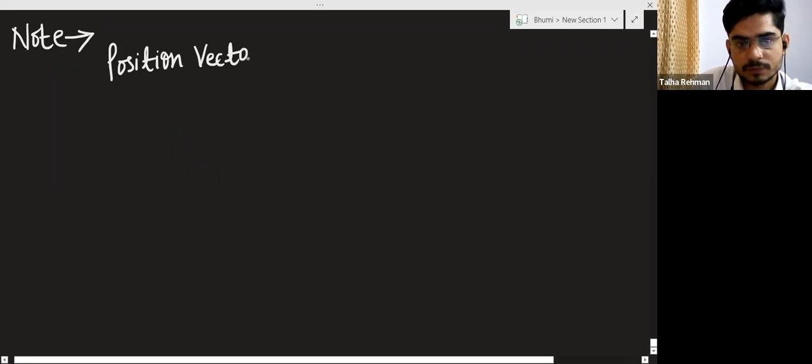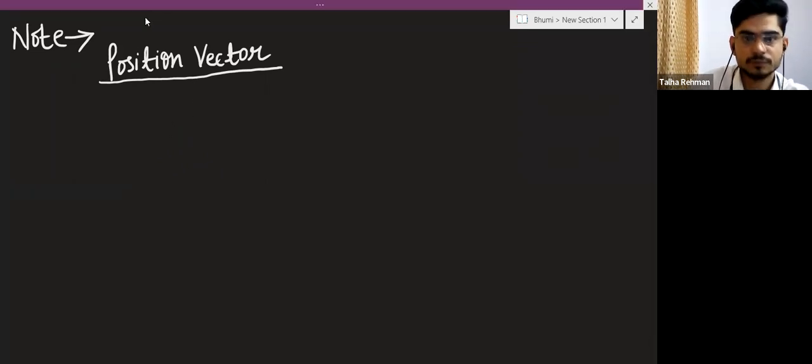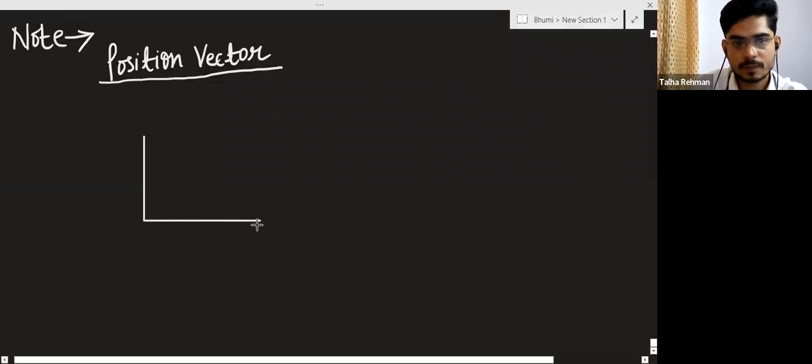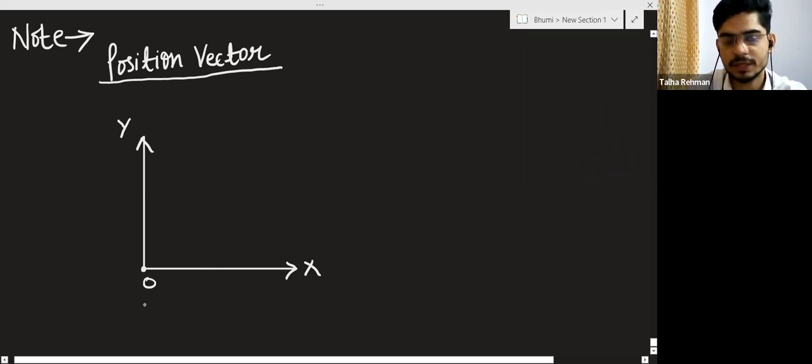Position vector. The word position and the word vector. This is the y-axis, this is the x-axis, and this is the origin.